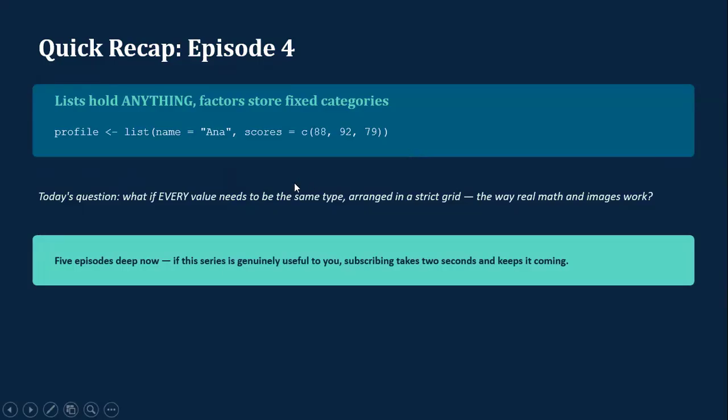What if every value needs to be the exact same type, arranged in a strict grid? The way real math, images, and low level data actually work. That's a matrix. 5 episodes deep now.